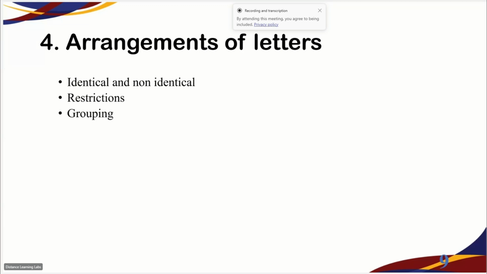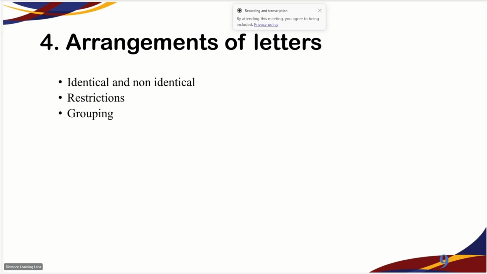And also on the letters, a position can be restricted to only accommodating a particular letter: a word starting with a W, a word ending with a Z. Meaning there can be restricted positions on the arrangement of letters. And also there can be grouping on the arrangements of letters.